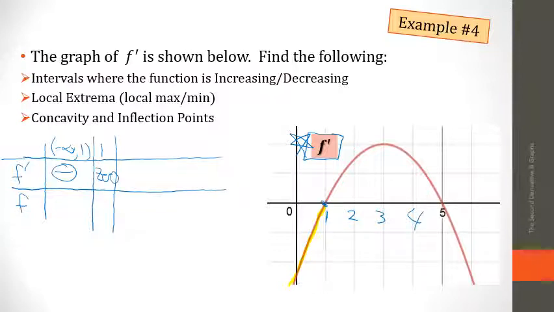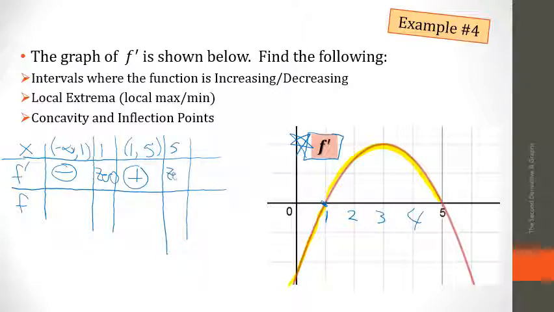And then from 1 to 5, the derivative is positive. See all those positive values? And then at 5, the derivative has a 0. And from 5 to infinity, the derivative is negative again.